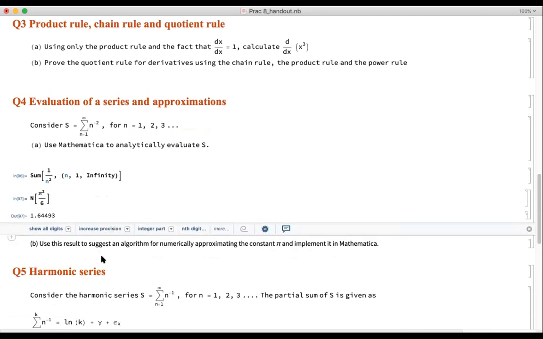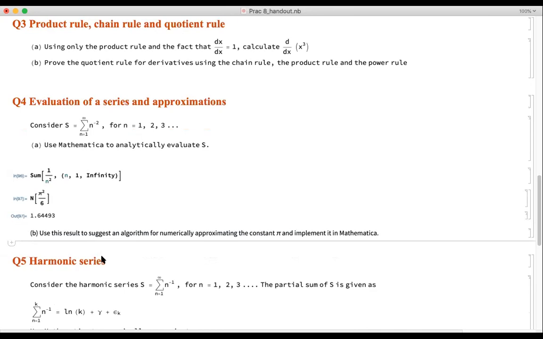Now use this result to suggest an algorithm for numerically approximating the constant pi and implement it in Mathematica. You remember in your analytic solution, you got pi squared over 6. How would you use that result to get an approximation to pi?